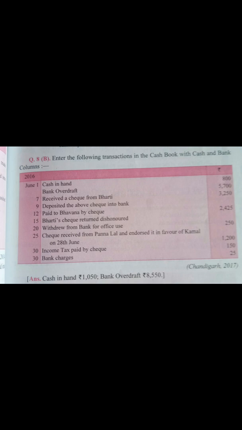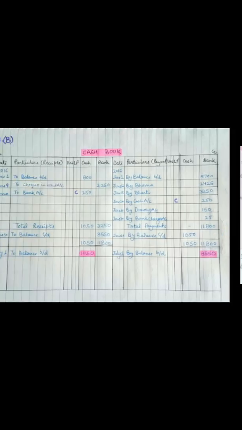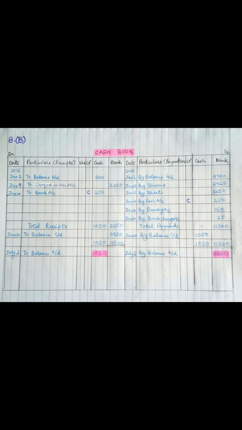Cash in hand is 800 and bank overdraft 5700. It is given here. So we know that cash in hand is a debit balance. So I am showing you in the cash book on the debit side. I have made the entry on 1st June 2016 to balance brought down, and in cash column I have written 800 rupees.